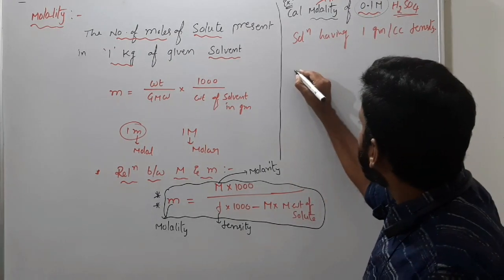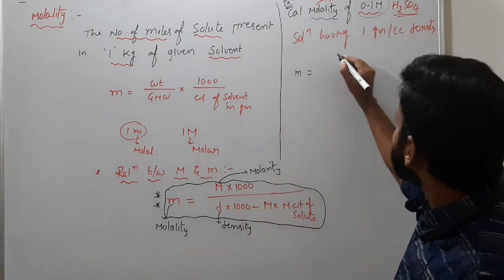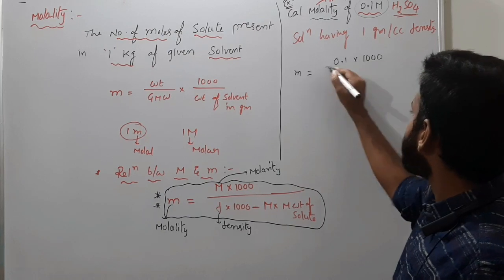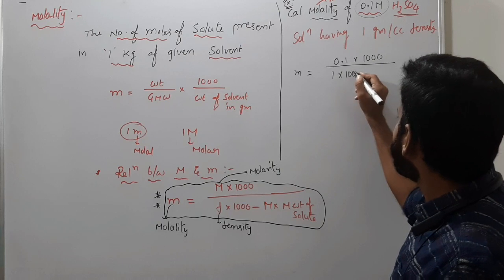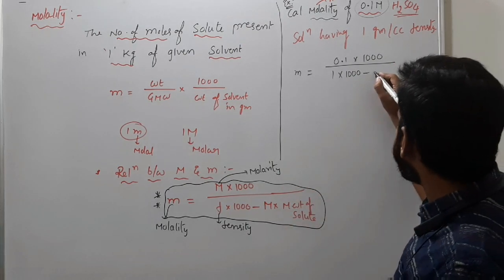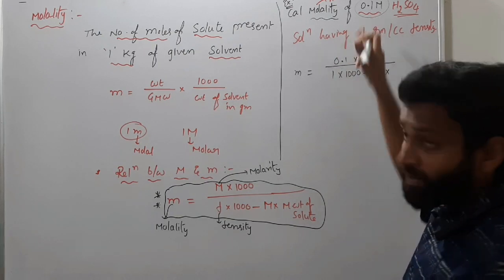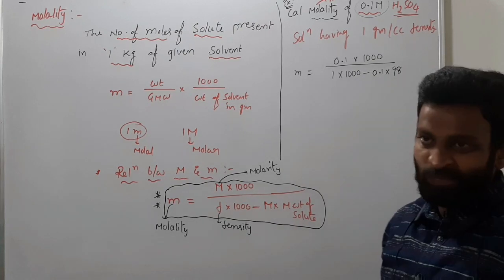Now molality is equal to, here only you have the formula, 0.1 into 1000 by density, how much? 1. 1 into 1000 minus molarity again 0.1, into molecular weight, how much? 98.